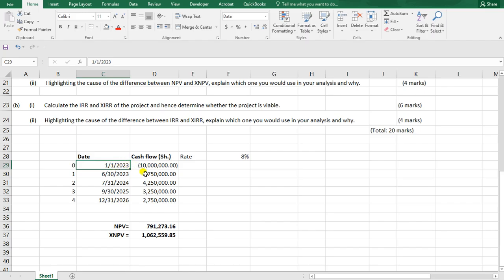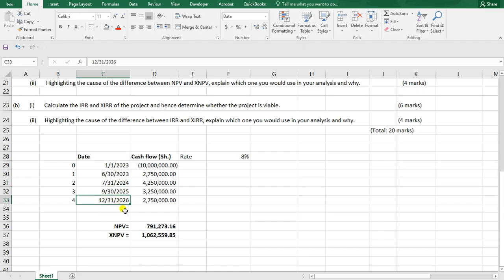My first receipt is on the same year that I invested. The next receipt was next year, after a period of almost 1 year and 1 month. Again, the next one I'm receiving in September, and the next one in December.